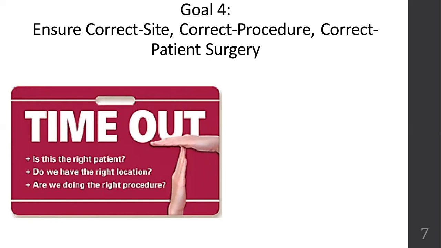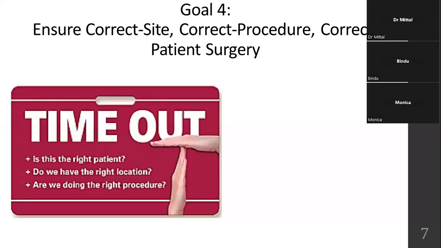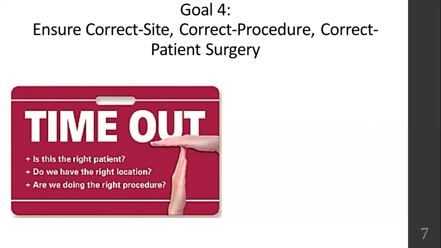To help minimize these adverse effects, hospitals should use multiple strategies while identifying the correct patient, correct procedure, correct site. Because of this, WHO has also made the surgical safety checklist. Using that checklist is very helpful to ensure that these mistakes can be avoided. So we have a timeout in surgery.